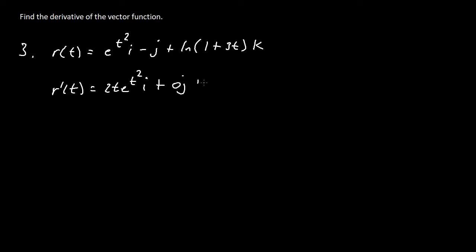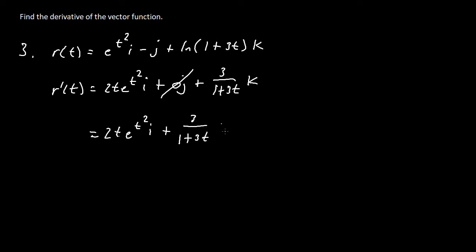Then plus the derivative of natural log of 1 plus 3t, which is the derivative of the inside function, 3, over the inside function 1 plus 3t, so 3 over 1 plus 3t, times k. We can eliminate the 0, because 0 times j is simply 0. So we're left with 2t times e to the t squared i plus 3 over 1 plus 3t times k.